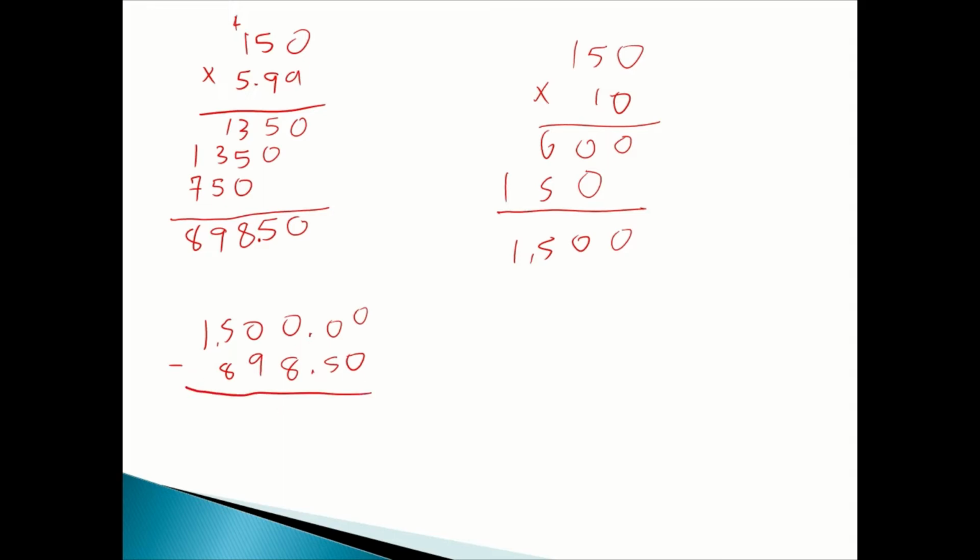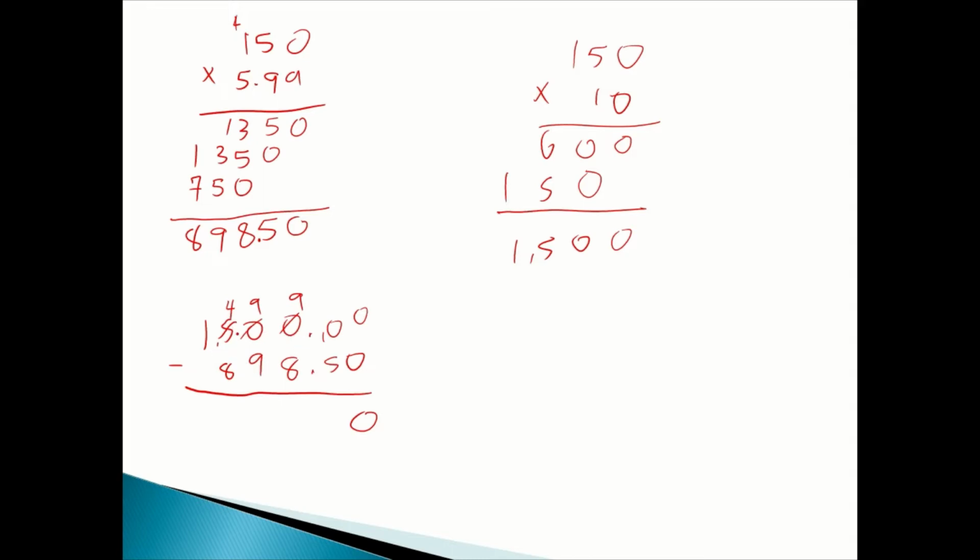Okay, now let's subtract 0 and 0. We got 0. We need to borrow from the numbers on the left, which means this will become 10, this will become 9, this will become 9, and this will become 4, because we cannot borrow from 0 alone, right?